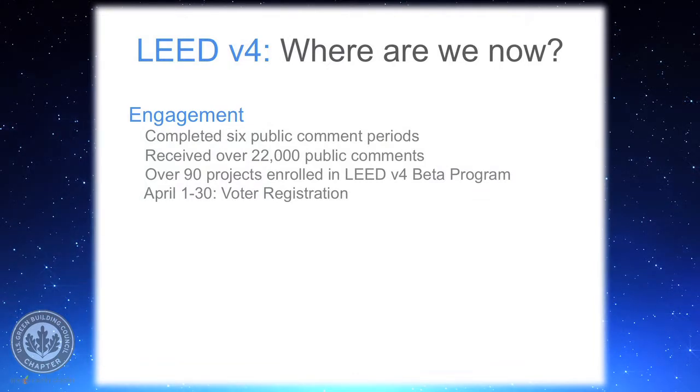So over the past year, we've developed the content for all of these components, and we've at this point engaged over 90 projects in working towards certification through LEED version 4. So I'll talk a little bit more about that later. But the important thing to note here is we've been doing a thorough vetting of all of the components of V4. Most notably, the things you may have seen most often is likely the rating system, but lots else going into that as well.